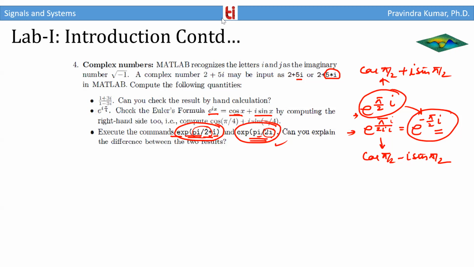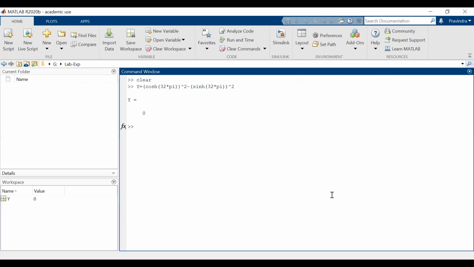if I write these commands here, first was 1 plus 3i by 1 minus 3i. So 1 plus 3i is in the numerator, and this is 1 minus 3i. The answer is this.